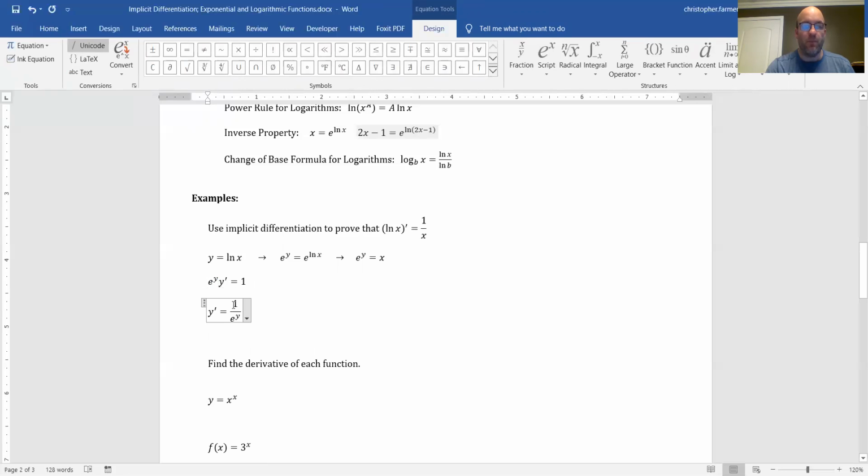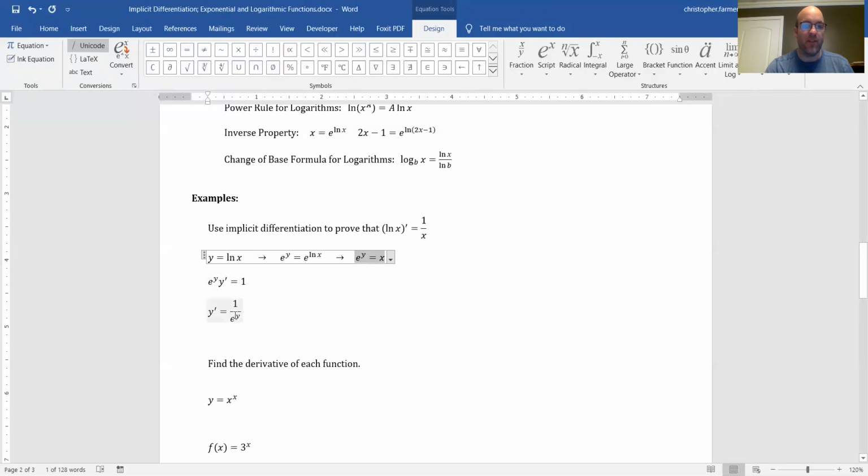And then finally, this is a lot like the second derivative we did before. We could leave our answer like this, but everything that we're dealing with up here is in terms of x's. So we probably don't want to leave this as e to the y if we can manage. Okay, but all we're going to do is take a look at this last little piece of information here. This is kind of where we started, but e to the y absolutely is equal to x. That's what we started with.